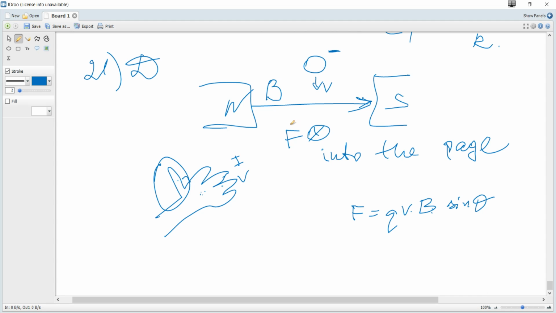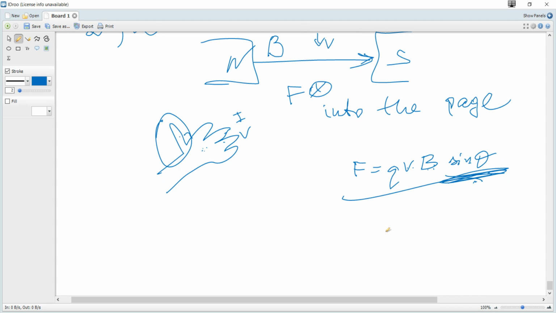And if you can put a hand according to a problem, you may suggest that force is just 0. But in general, for almost all problems, v is perpendicular to B, so sine of 90 degrees is 1. But you should understand that there is a sine between v and B, and if it is given that the particle is moving along a field, it means parallel, so force doesn't act on the particle.